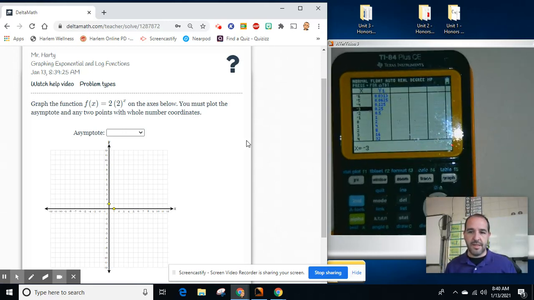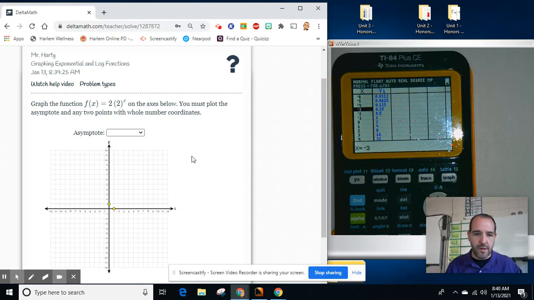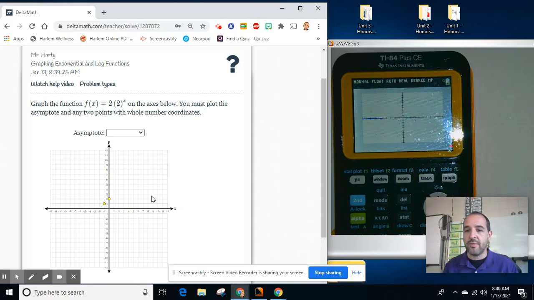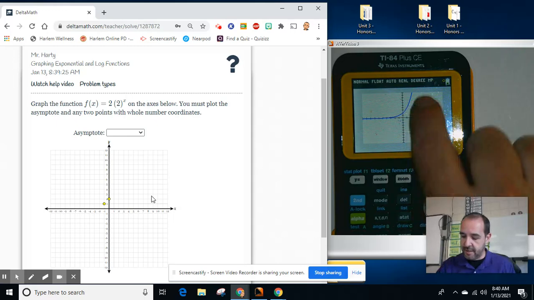Okay, so I look at this, and I see negative 1, 1. So negative 1, 1. And I see 0, 2. Okay, but here's what I've got to keep in mind. Where's the asymptote? Where, if I look at the graph, is my graph getting really close to but not touching?